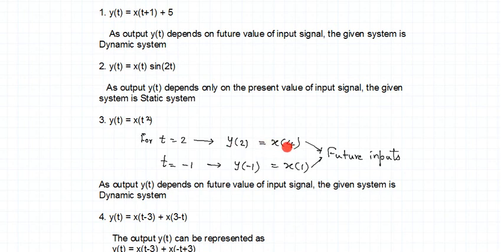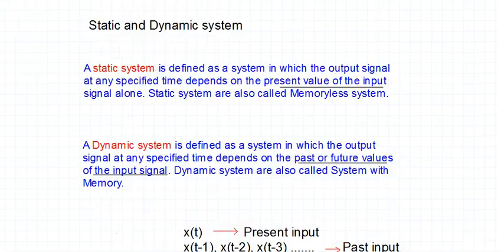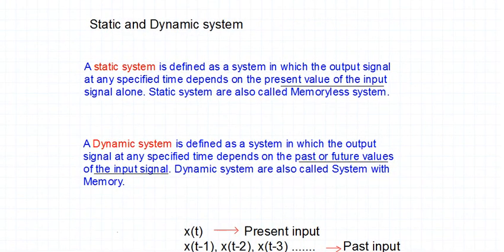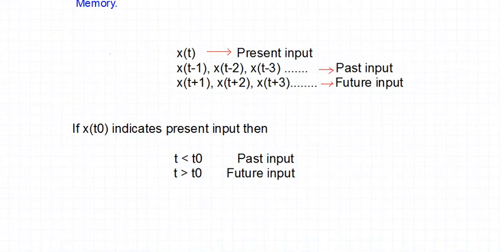You can interpret this with respect to what we discussed earlier. We discussed that if t naught indicates the time instant, then all values of t less than t naught indicate past input, and t greater than t naught indicates future input. With respect to this problem, the time instant that we had chosen was 2, and the output y of 2 was dependent on x of 4.